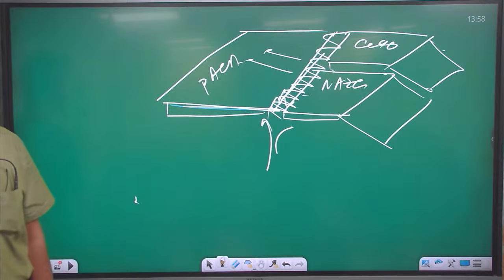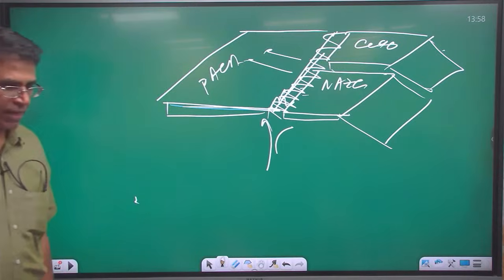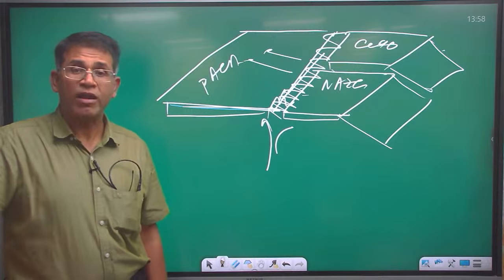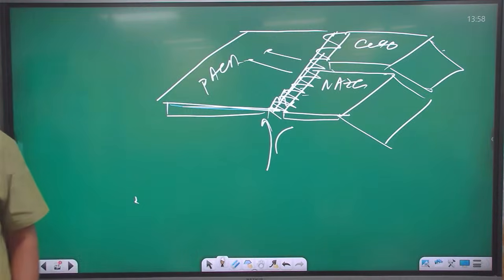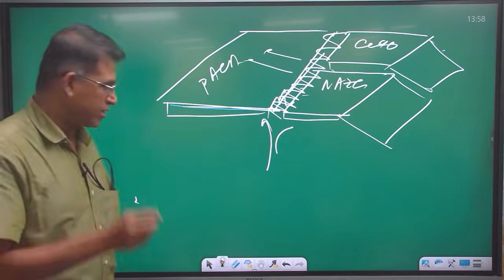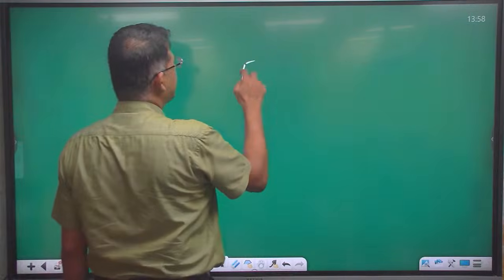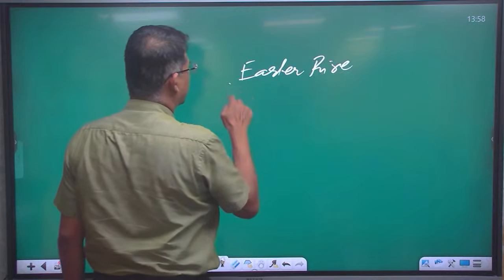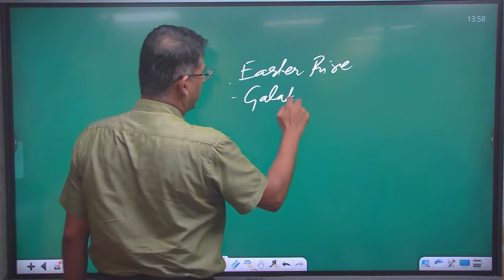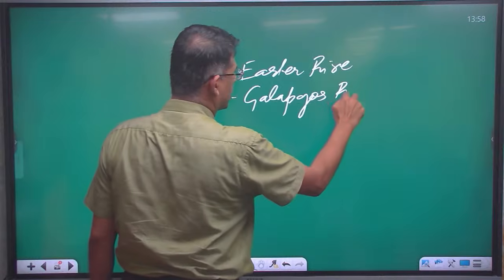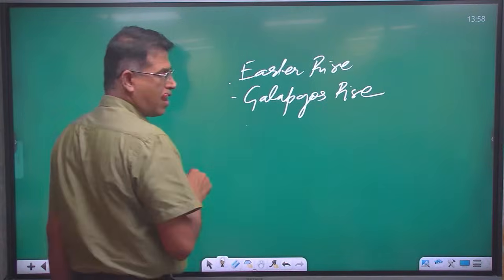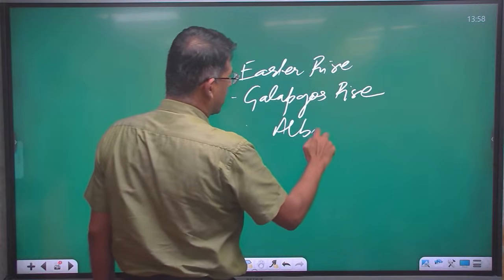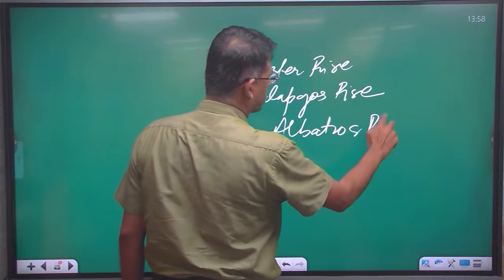All good? And just mention 2-3 facts. The Pacific Mor has just a small list. It has Easter rise. It has Galapagos rise. It has Albatross plateau.